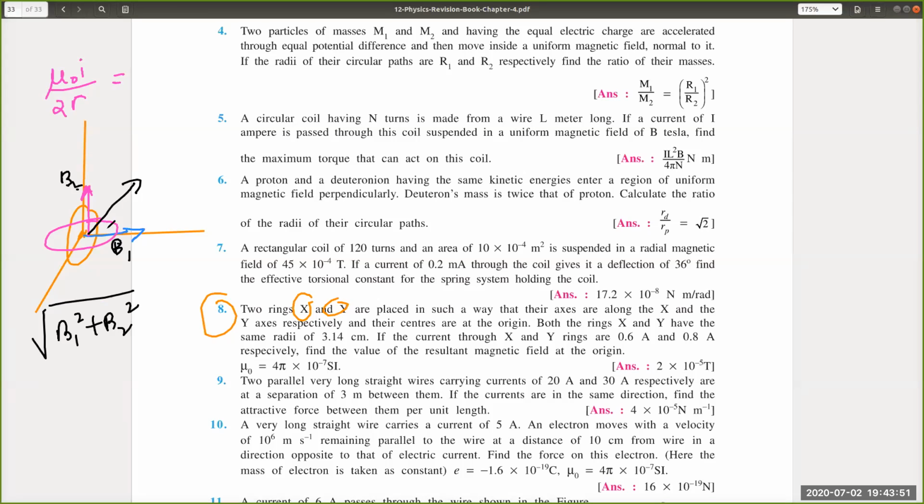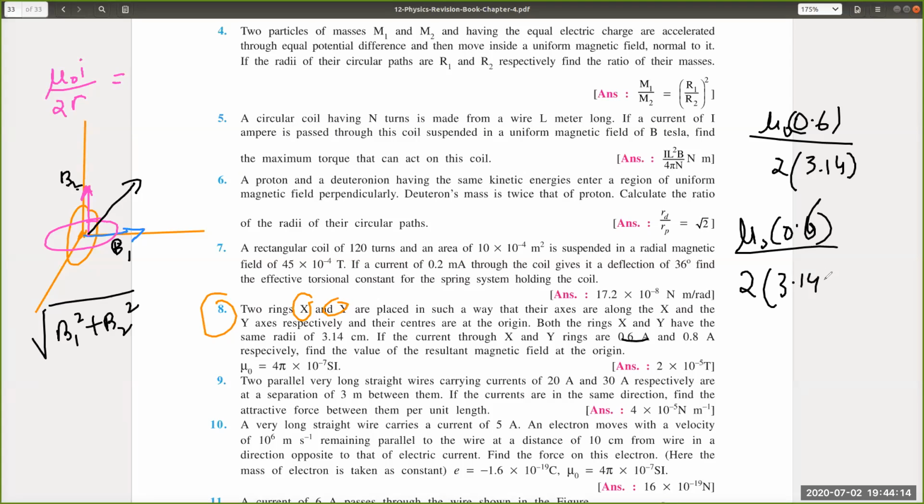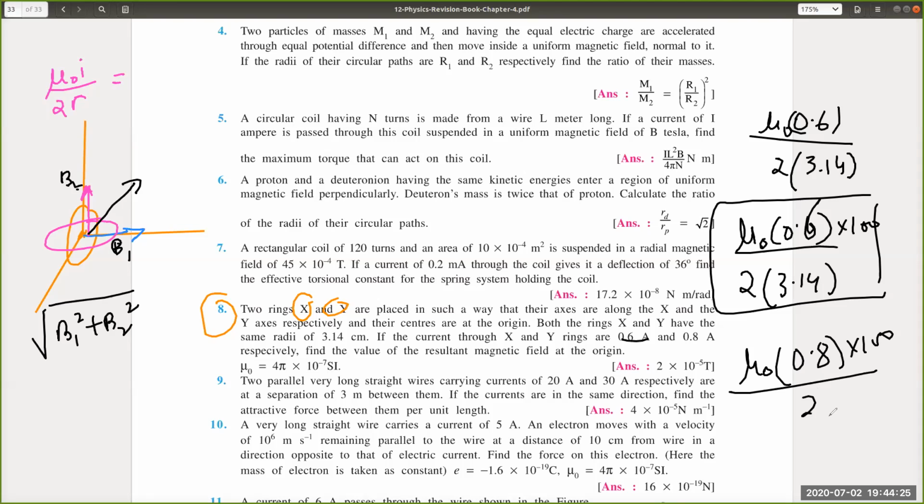Due to the first ring, b1 is mu naught into 0.6 ampere divided by 2, and the radius is 3.14 centimeter, so mu naught into 0.6 divided by 2 into 3.14 into 100. And the other is mu naught into 0.8 into 100 divided by 2 into 3.14.